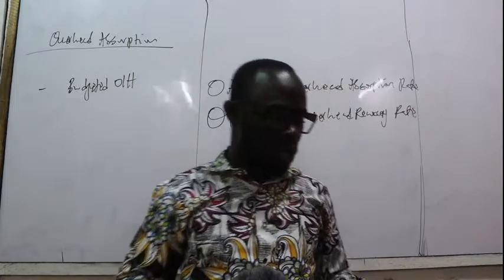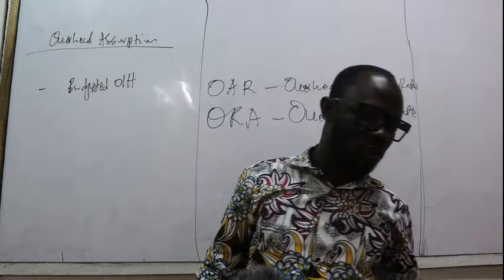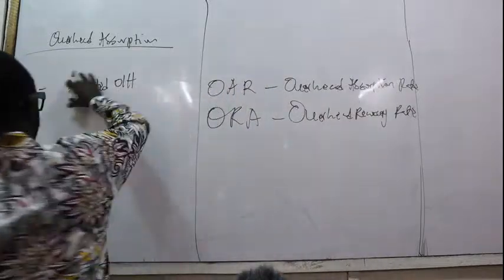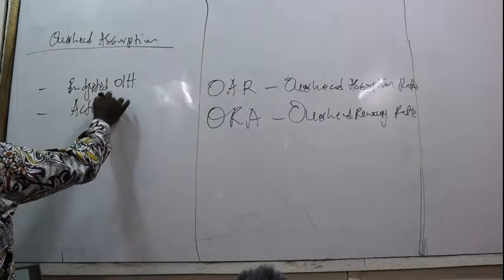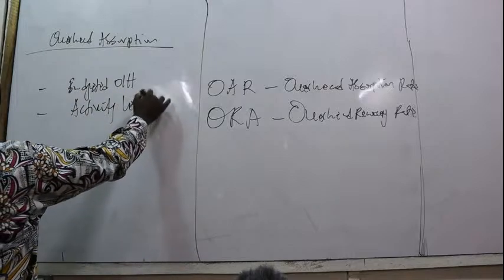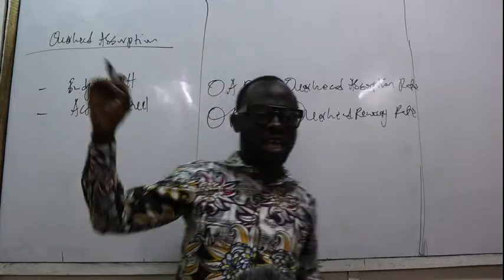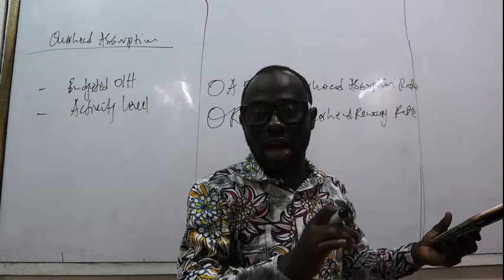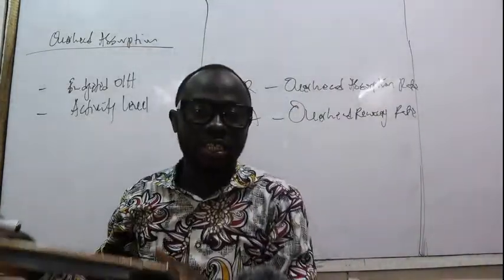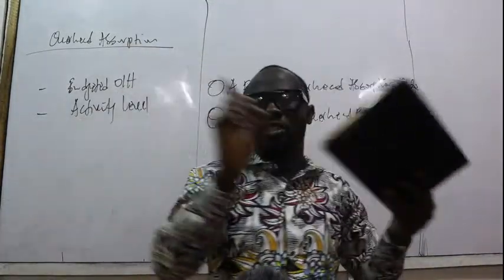Then 2, we estimate the activity level for the period. So after you determine the budgeted overhead, you need to determine what? The activity level for the period. Now, when we say activity level here, it could be in hours, that is in labor hours. It could be in hours in machine terms. It could be about material cost.